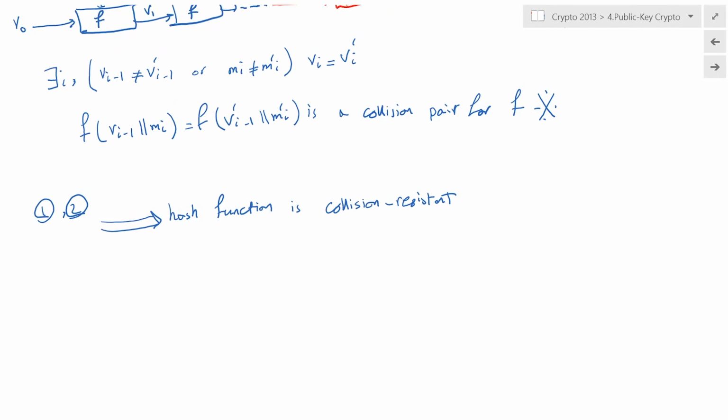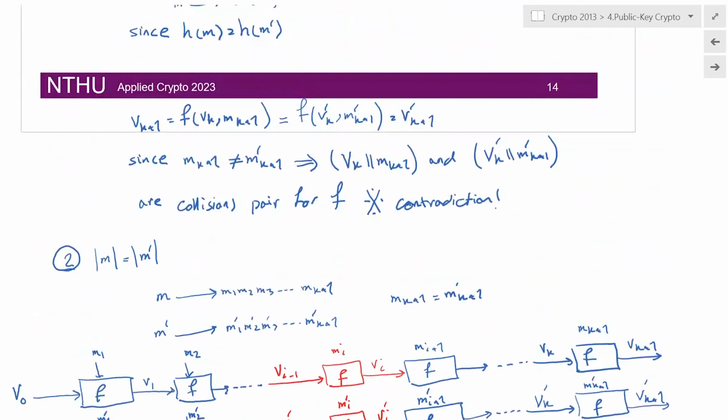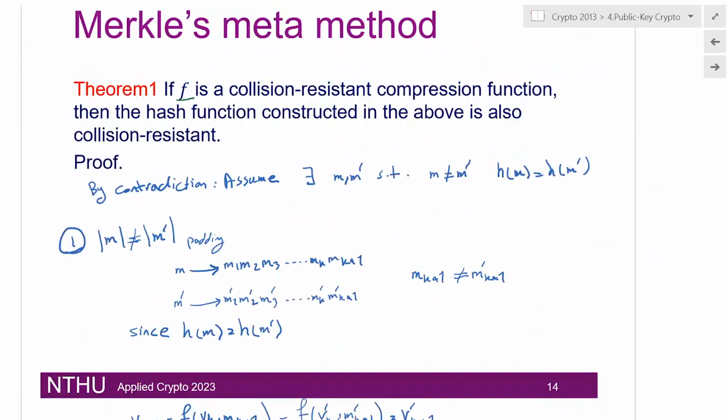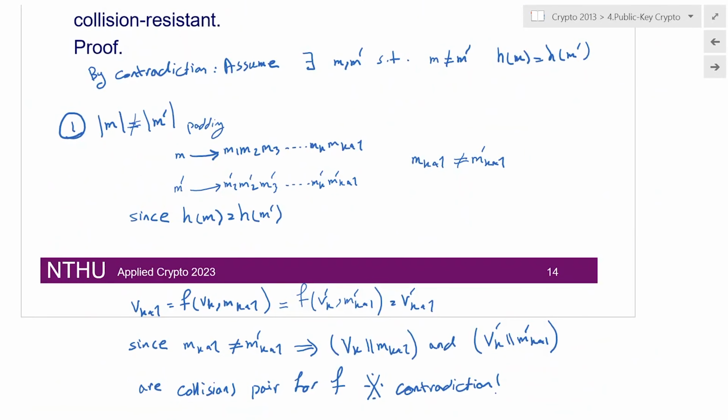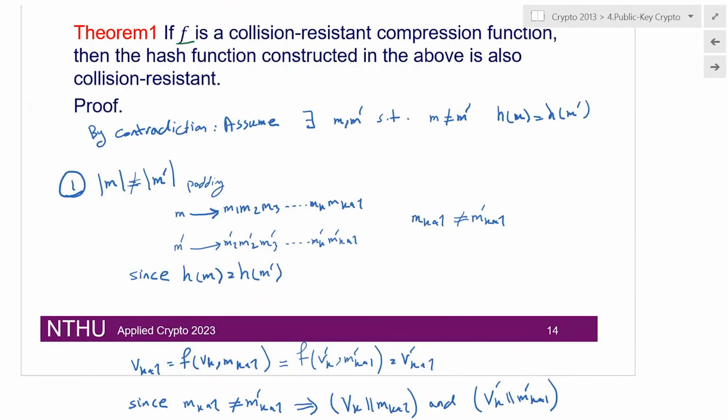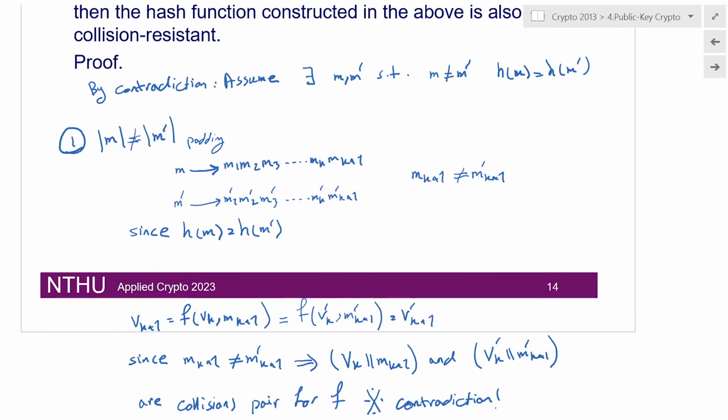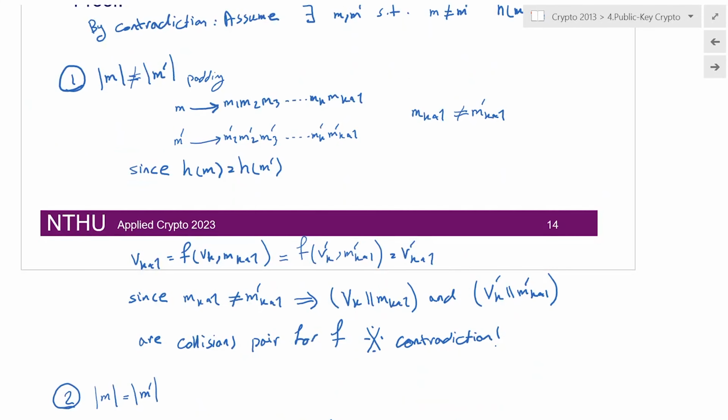Okay, so let me go through the steps one more time. We start with the fact that f, somebody gave it to us, and it says that this f is a collision resistant hash function. We design a hash function using that f, and after we design our hash function, we show that whenever we find a collision in our hash function, and it's easy to find, we can trace back based on our design and give exactly where that collision happened in the small f function.